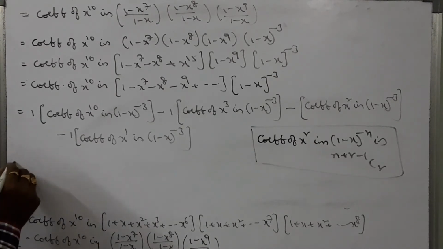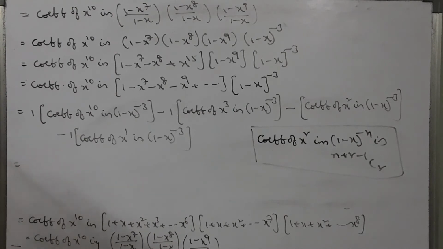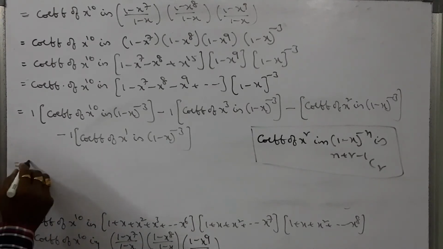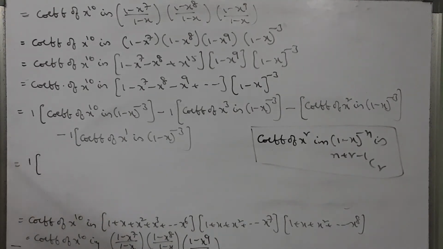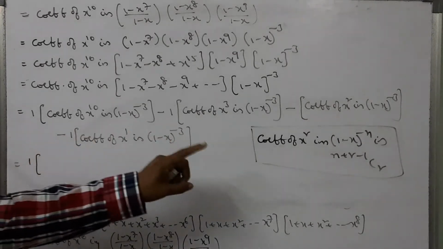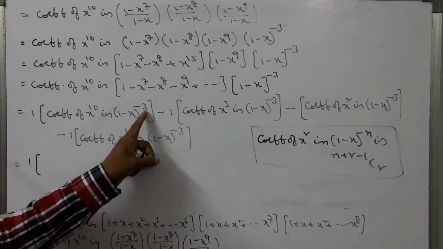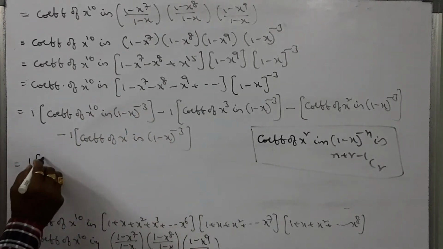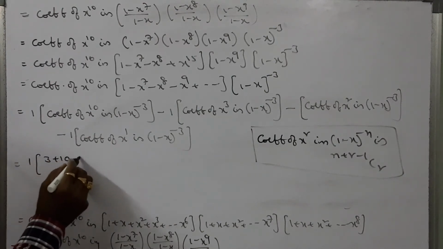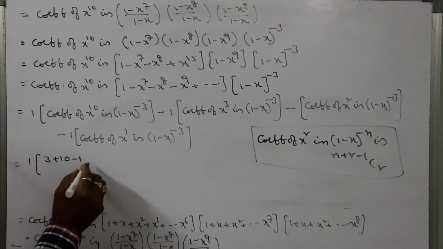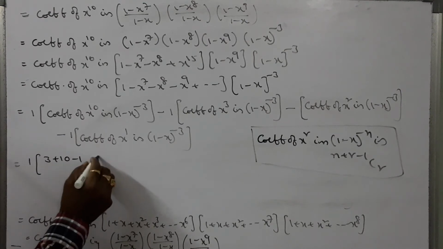Now this is equal to, what will we get here? 1 into coefficient of x power 10: n is 3 here, so (3 plus 10 minus 1) C 10.